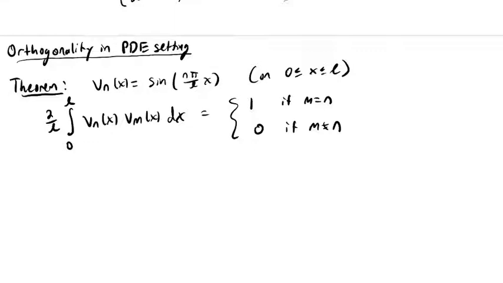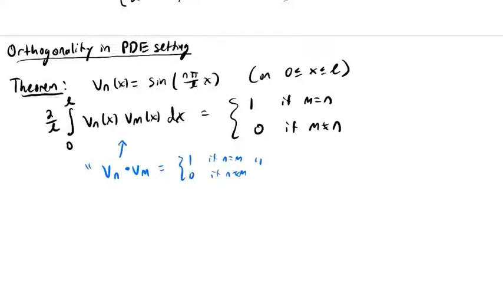As long as I divide by 2 over L, this is 1 if the eigenfunctions are the same. And otherwise, if they're two different eigenfunctions, you get 0. So this is kind of like the formula Vn dot Vm equals 1 or 0 if n equals m. And so this is like a notion of a dot product.